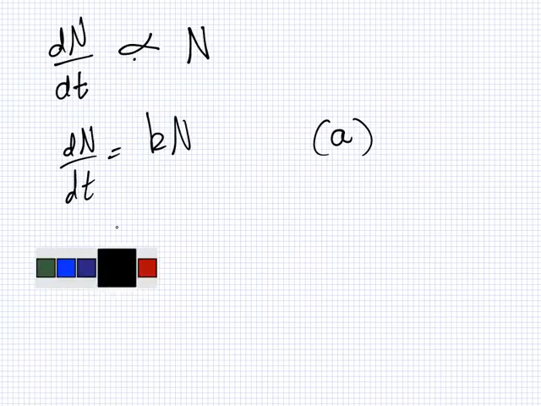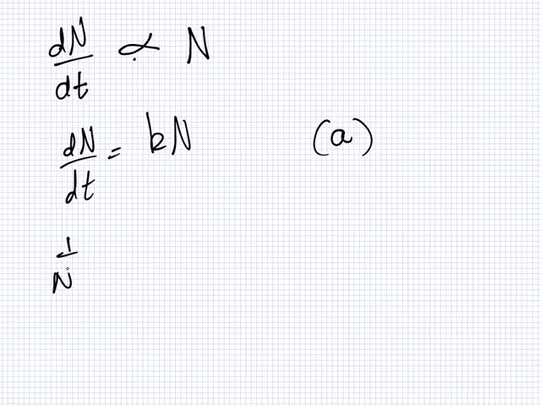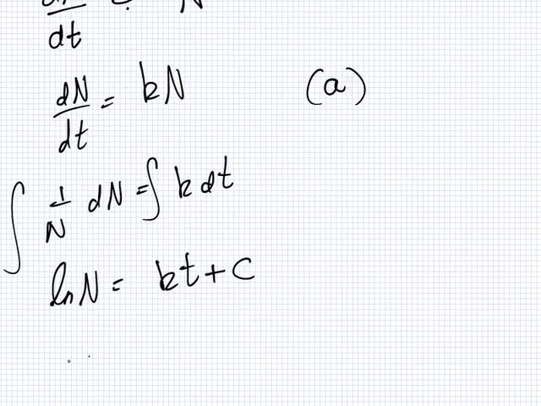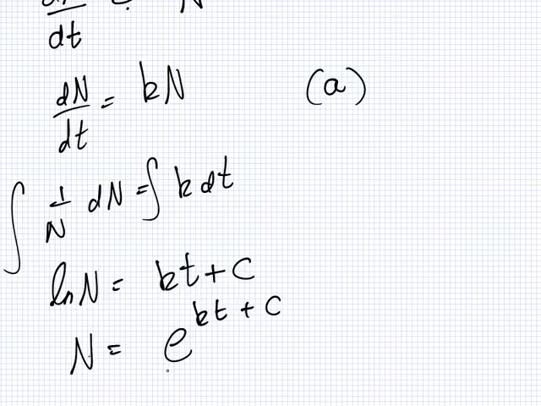Part B is solve this. So, let's solve it. 1 over N dN equals k dt. What do I get on the left when I integrate? ln N equals kt plus c. So I get N equals e to the kt plus c.